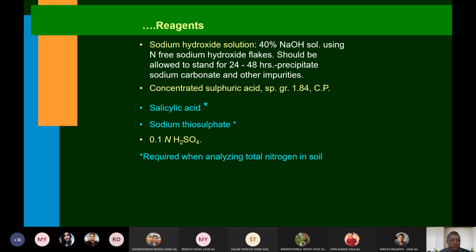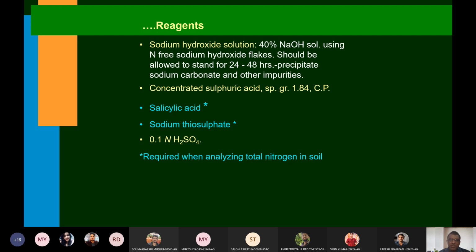And these two compounds, salicylic acid and sodium thiosulfate, are required only in case of total analysis in soil. When you are analyzing total nitrogen in soil, you need to use salicylic acid and sodium thiosulfate. These two chemicals are not used in plant nitrogen analysis.